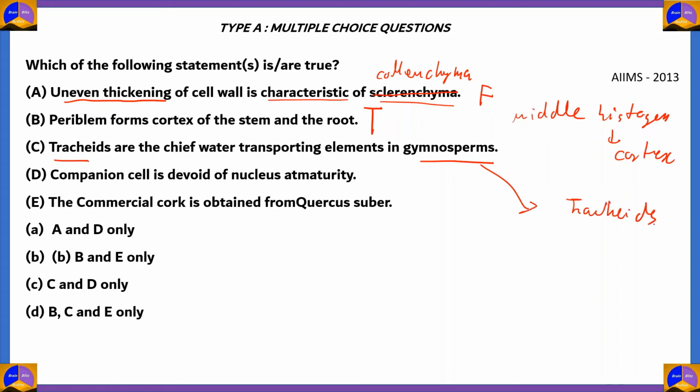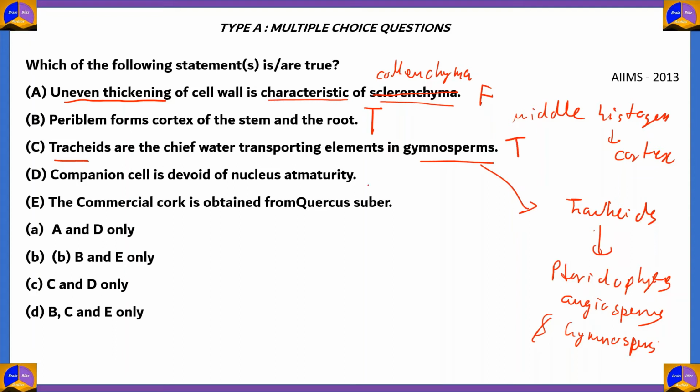Tracheids are present in pteridophytes, angiosperms, and gymnosperms. So that means statement C is true.